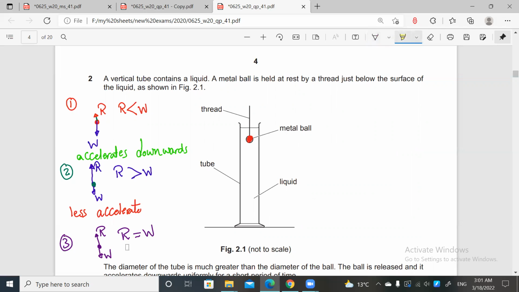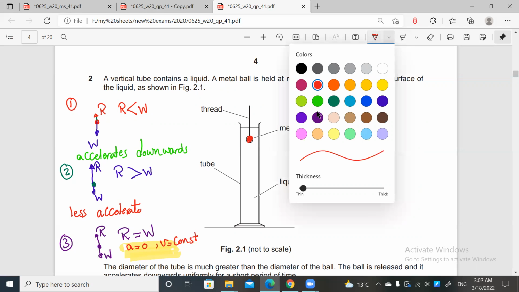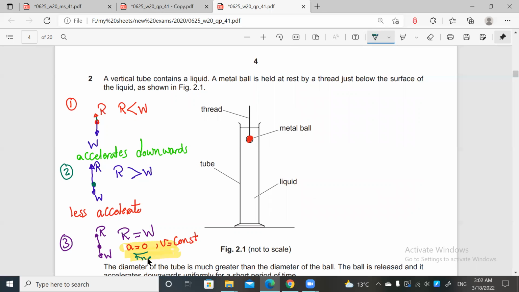At this point, the acceleration becomes 0. The velocity of the metal ball stays constant, and the net force is equal to 0, because the two forces acting on the metal ball are equal.